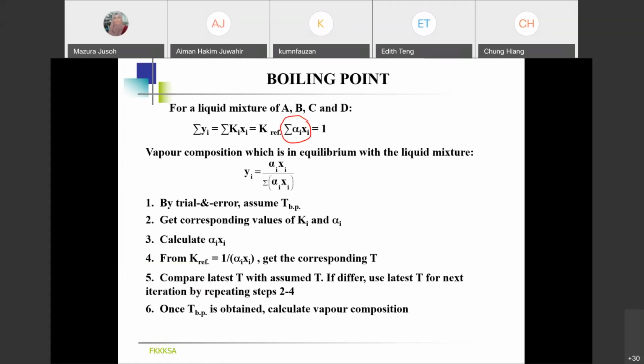If it's for dew point, you take the yi divided by the alpha, right? So you have to follow this formula for boiling point, and then you have to calculate the y after that, and the steps are more or less the same as what you did in dew point.